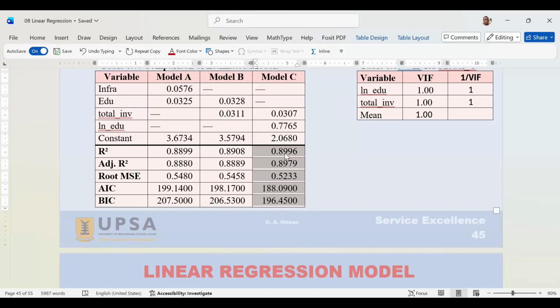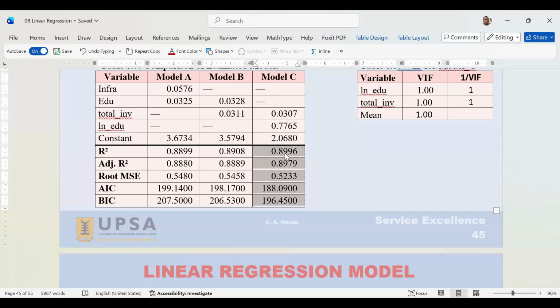That's the Akaike information criterion, and the Bayesian information criterion. Akaike, is that how you pronounce it? Yes, sir. AIC is the Akaike information criterion, and BIC is the Bayesian information criterion.